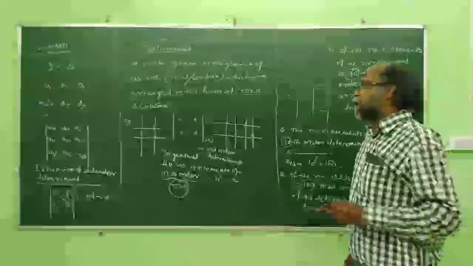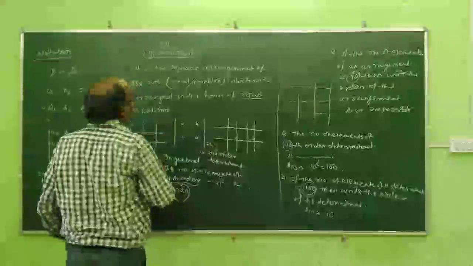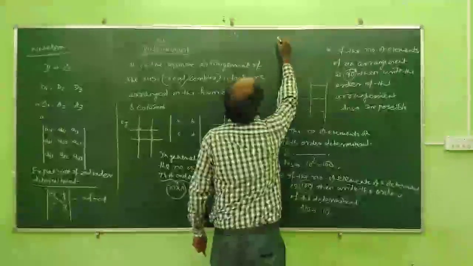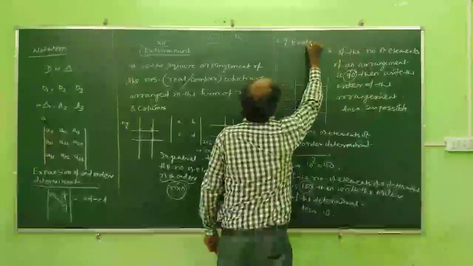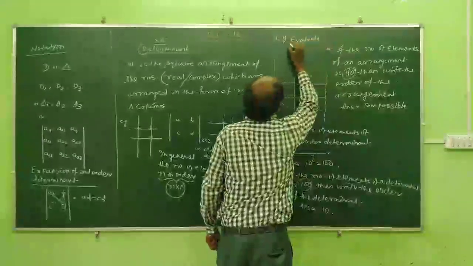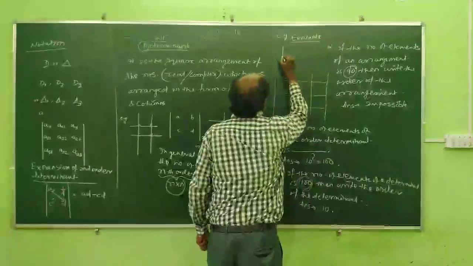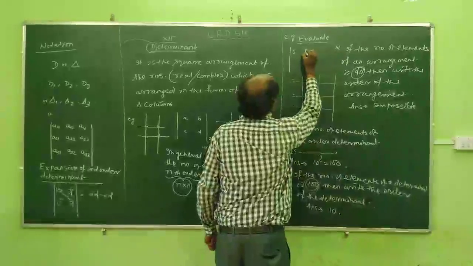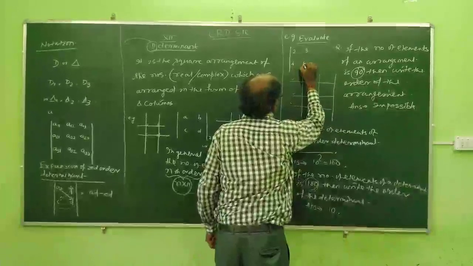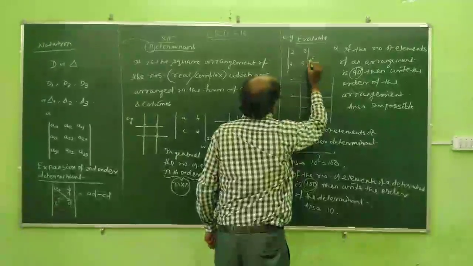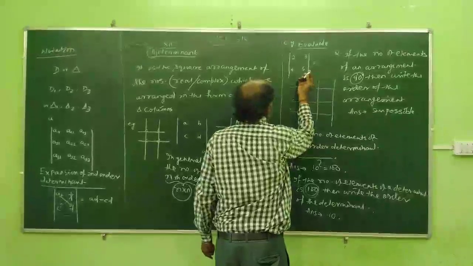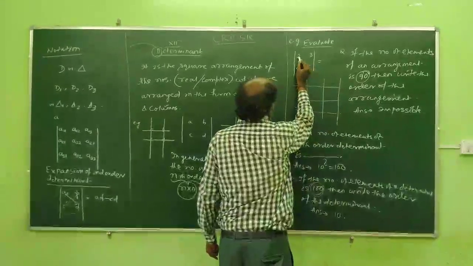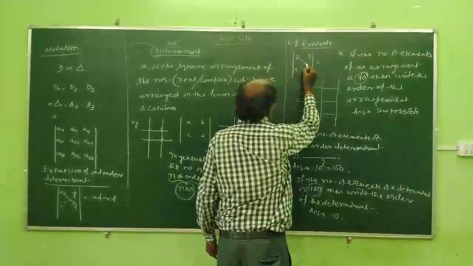Okay? Now let us take another example. Evaluate. Evaluate means find the value. We have to find the value of the determinant: 2, 3, 4, 5. What is the value of this? How to get the value? Just expand it. How to expand it? I have to start from the extreme left, then put arrow marks.